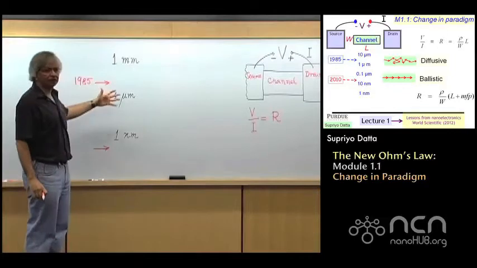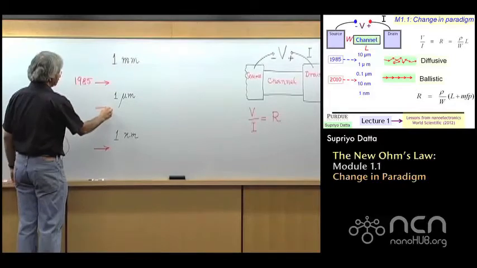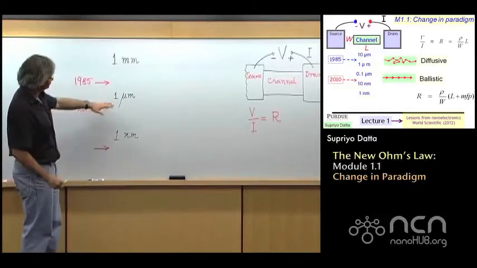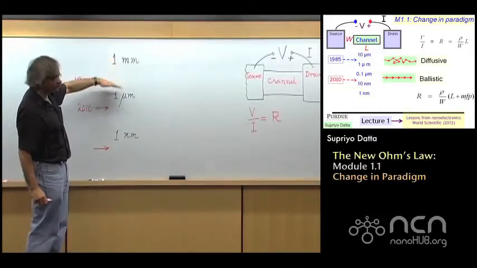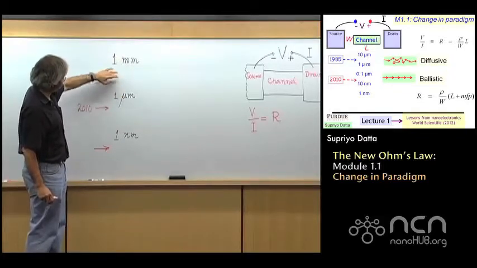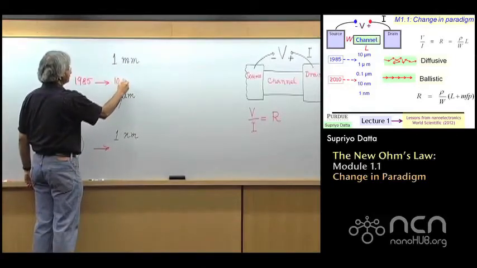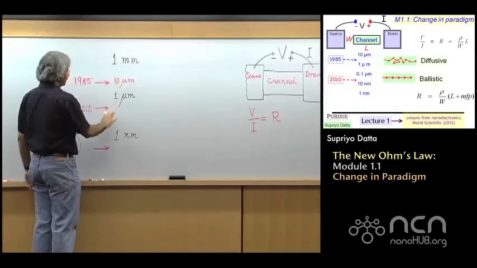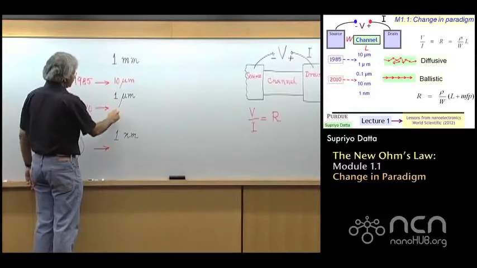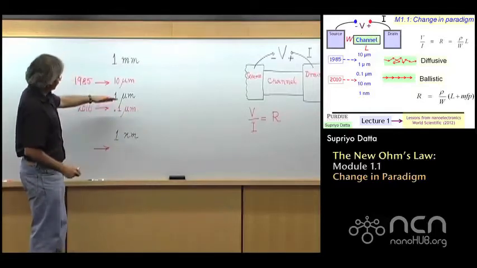Whereas if you look today, the channel length would be somewhere around here. Remember, this is going down in factors of 1,000 from millimeter to micrometer. So when I point here, I mean something on the order of 10 micrometers, roughly. And here, what I have roughly in mind is something on the order of, say, 0.1 micrometers, like a factor of 10.